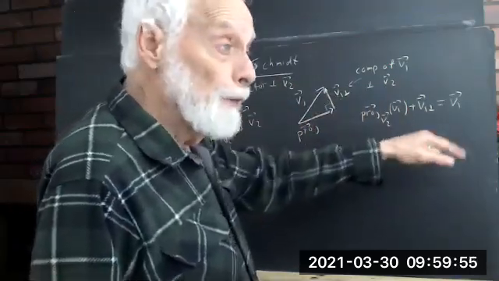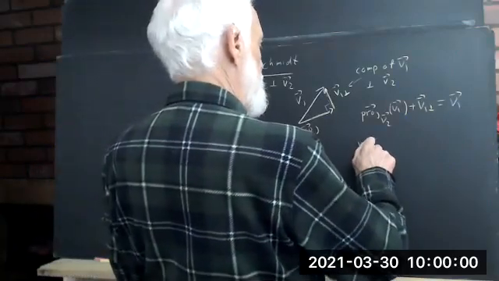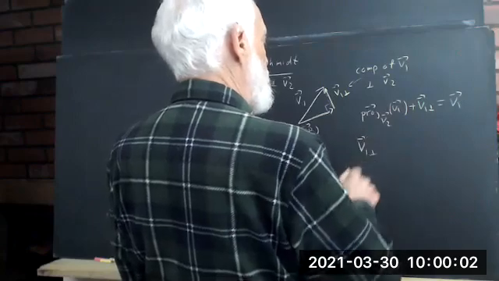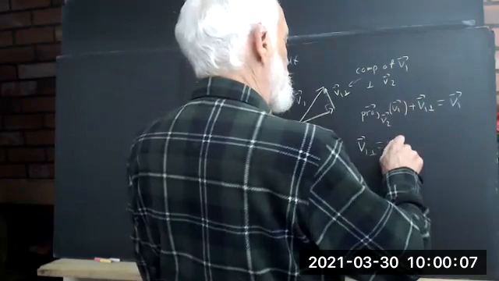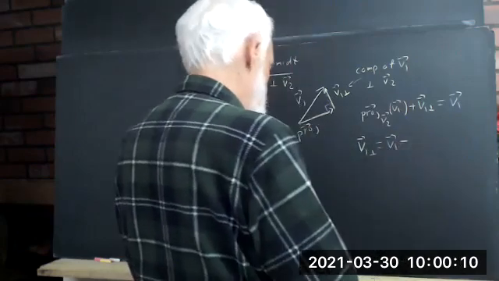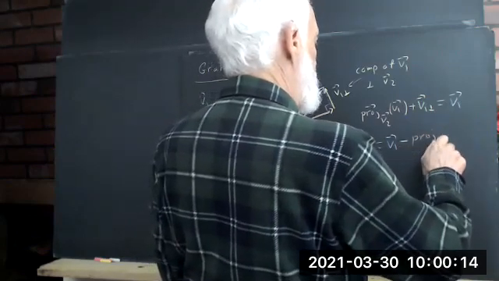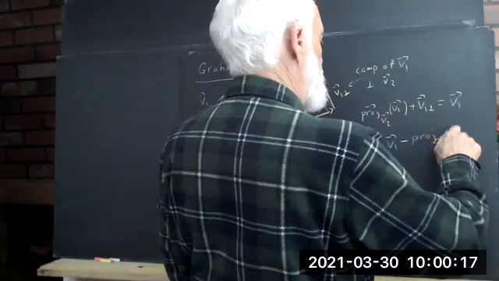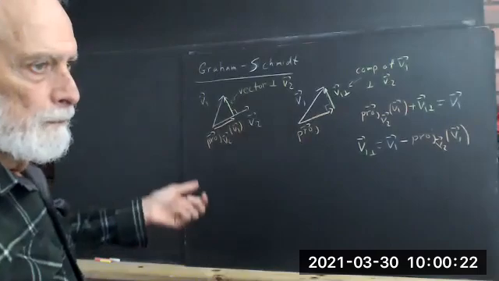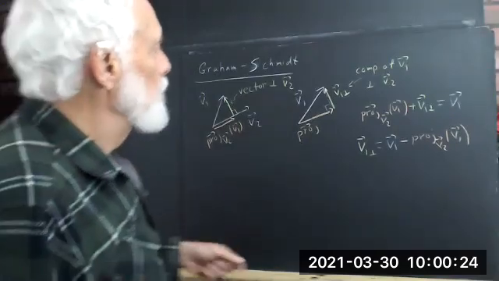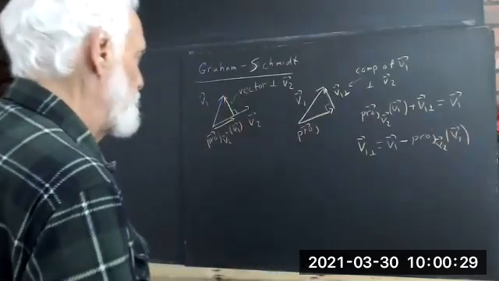Let's subtract this from both sides so that V1 perpendicular equals V1 minus this projection. That's it. So now we have two perpendicular vectors.